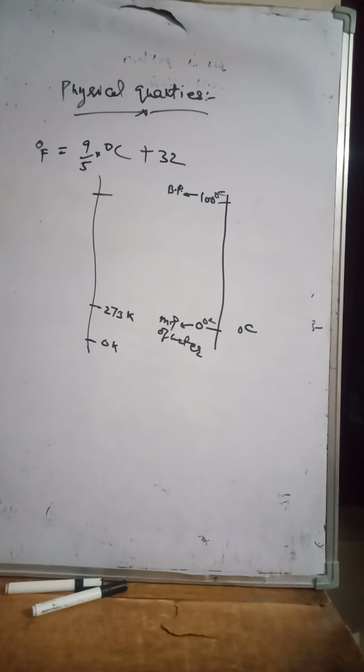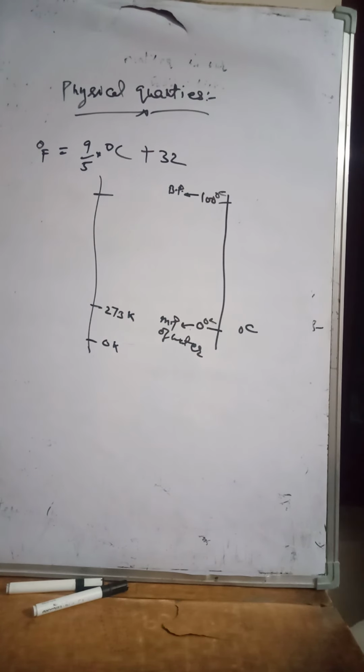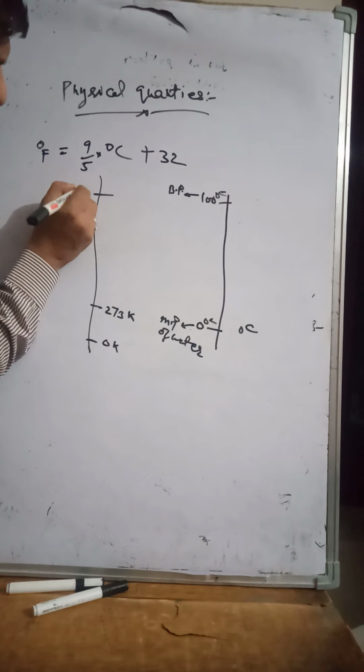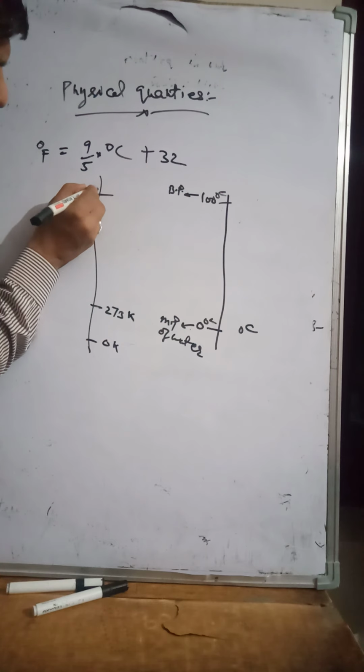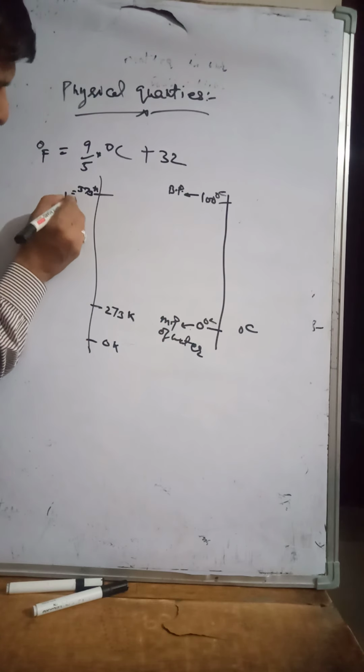We will study this kind of statement later, when we study the chapter States of Matter. So 273 Kelvin, and here we are observing 373 Kelvin. 373 Kelvin is equivalent to 100 degree Celsius only.